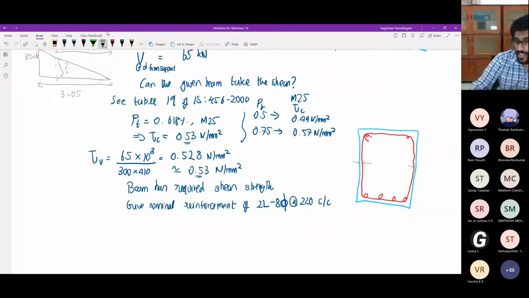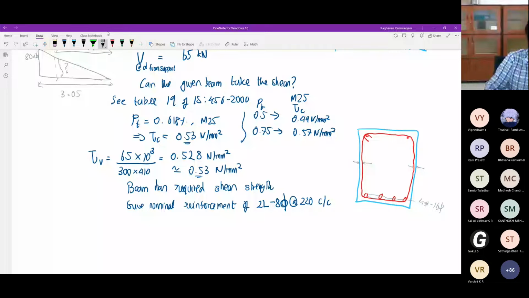If you view it longitudinally. Okay, so viewing it longitudinally, of course, you have your main bars at the bottom.